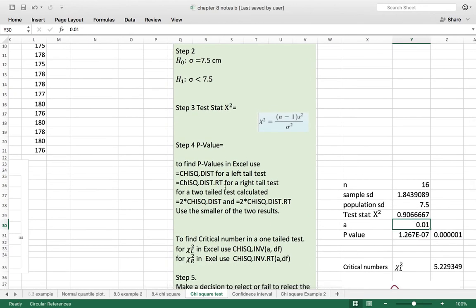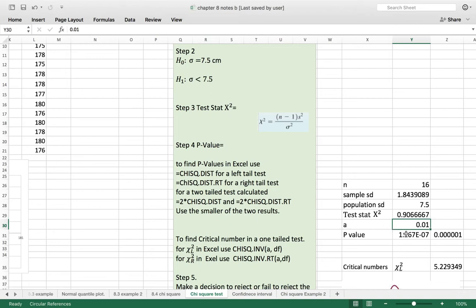For the chi-squared test, the p-value, how you find it in Excel, depends on what kind of test you're running. If it is a left-tailed test, you're going to use chi-squared distribution. If it is a right-tailed test, you're going to use chi-squared distribution right. And if it's a two-tailed test, you're going to use both of them, 2 times the chi-squared distribution, and compare that to 2 times the chi-squared distribution right, and you're going to take the smaller of the two values as your result.